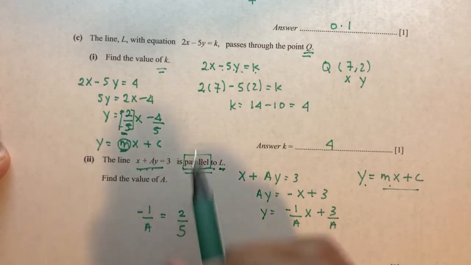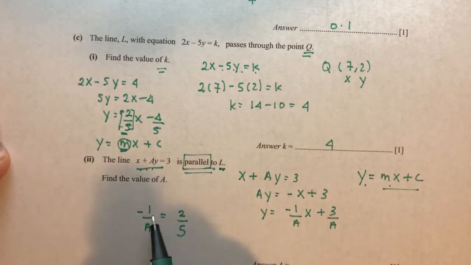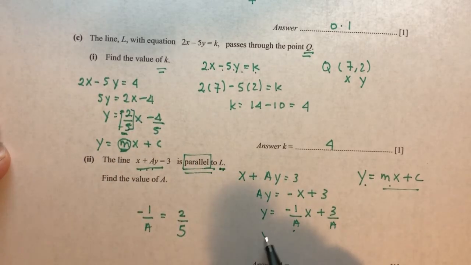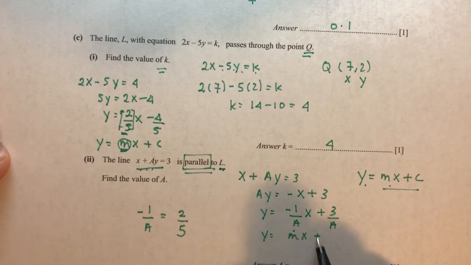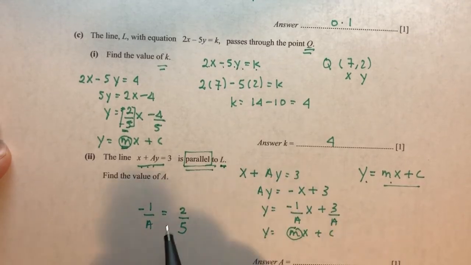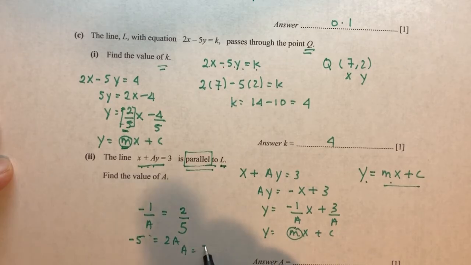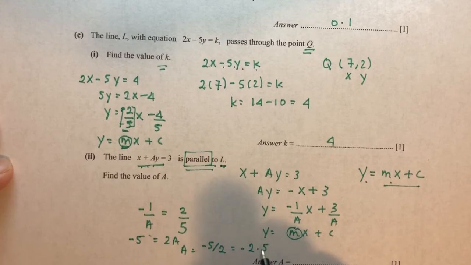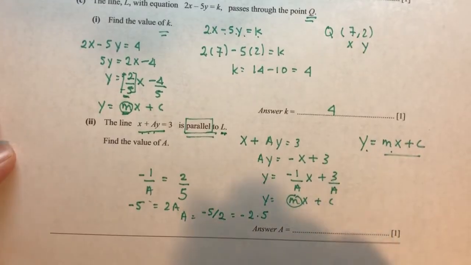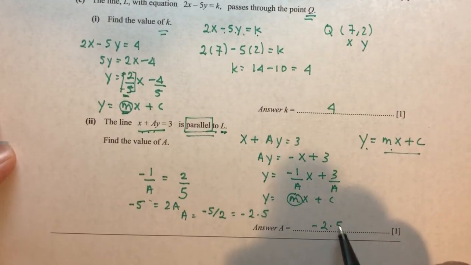So the gradient of the line L, 2 over 5, equals the gradient of the line. We equate these to find the value of a. Cross multiplying, we have minus 5 equal to 2a. So a will be minus 5 divided by 2, which is minus 2.5. The value of a is minus 2.5.